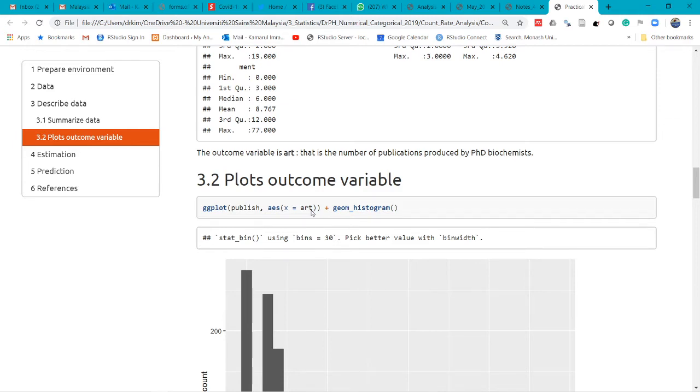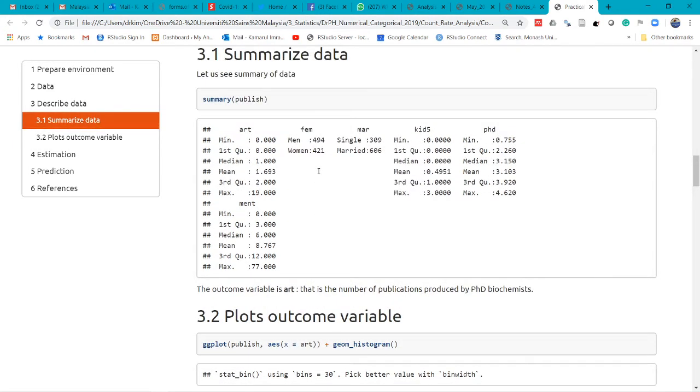So they study whether gender, female or male, marital status, kids, number of kids or children, whether the number of PhD, I'm not sure what that is, and then does it refer to MENT? I think mentorship, perhaps.